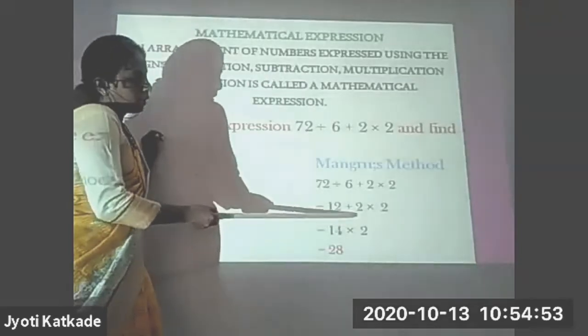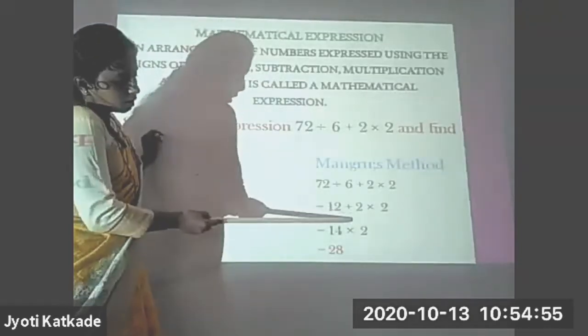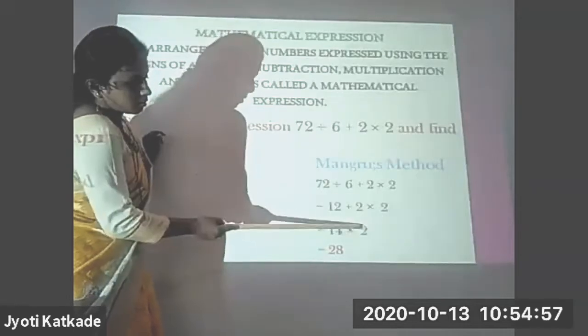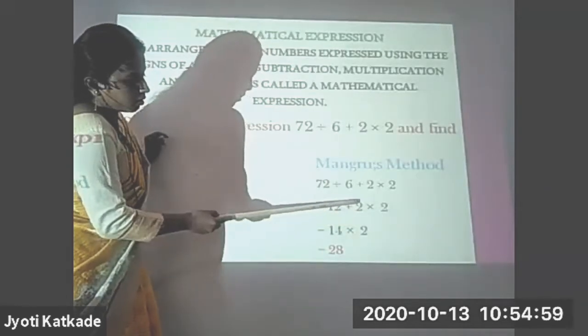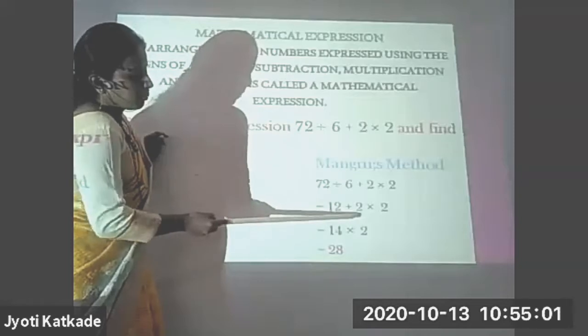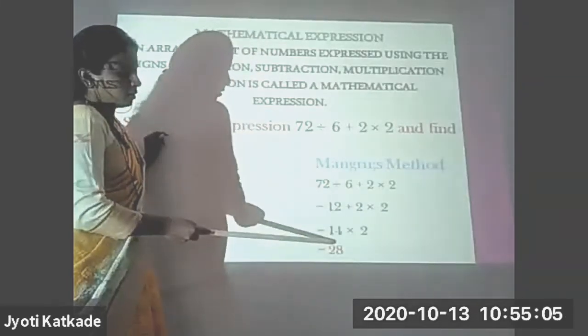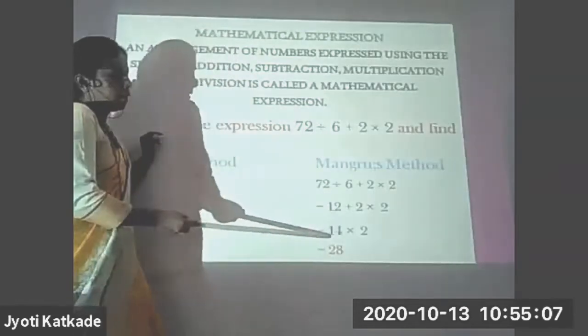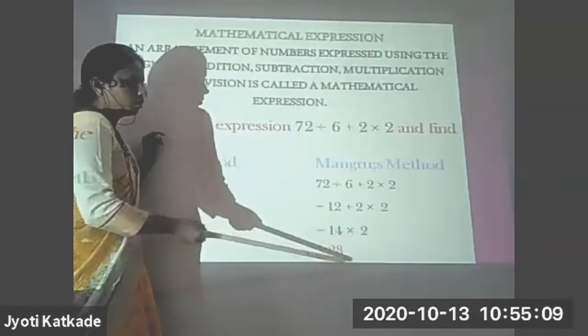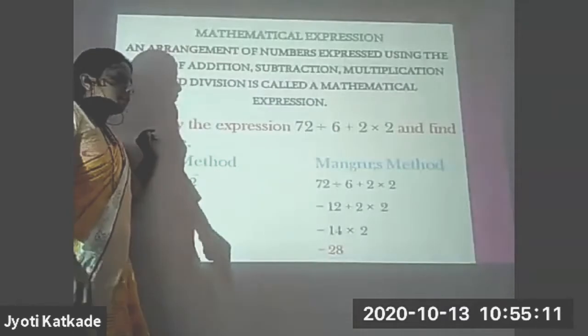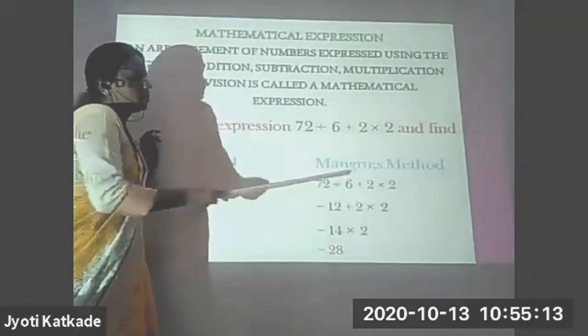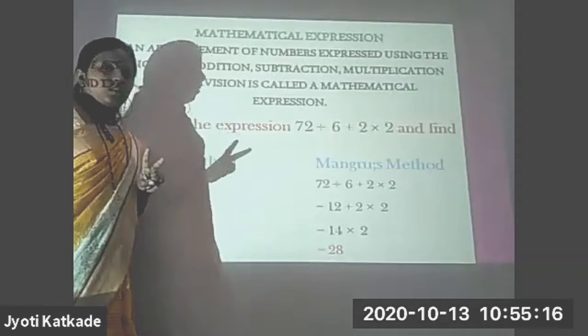Okay. After that, this student does addition. 12 plus 2 into 2, that is 12 plus 2, 14 into 2. And then 14 into 2, 28. Okay. Means the same example is solved by two students.